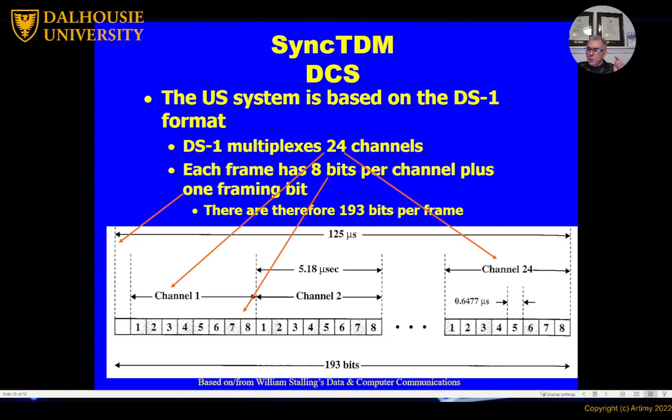If you take 1 over 125 microseconds, you end up with 8 kilohertz. And 8 kilohertz is the sampling rate of a voice signal.